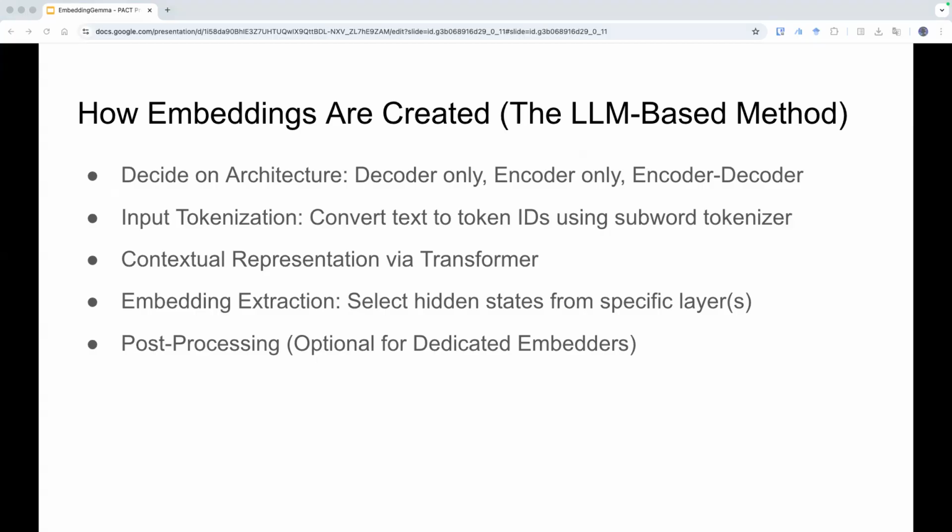There are also post processing methods like normalization and dimensionality reduction. Basically, at a high level, we take an LLM that's already trained for token generation and convert it to an encoder only model. Then we take out the layers that are important and do post processing, and that's how we create embeddings.